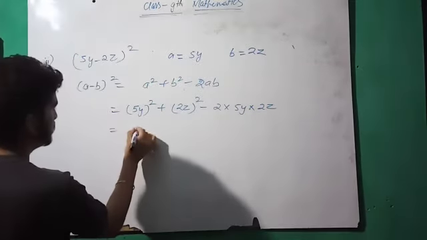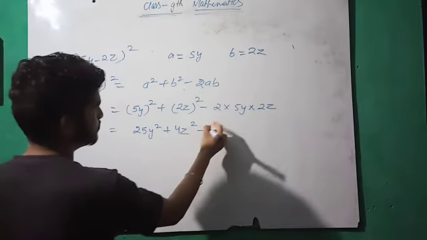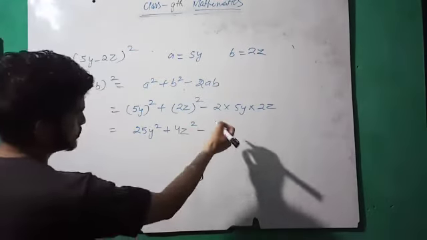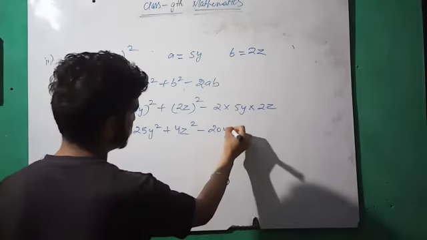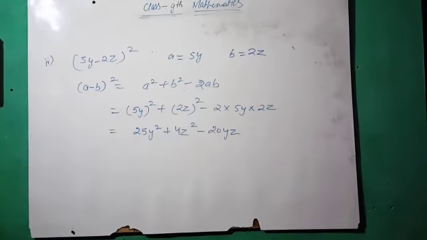Just simplify: 25y square plus 4z square minus 2 into 5 into 2, that is 20yz. So this is the answer of this second part.